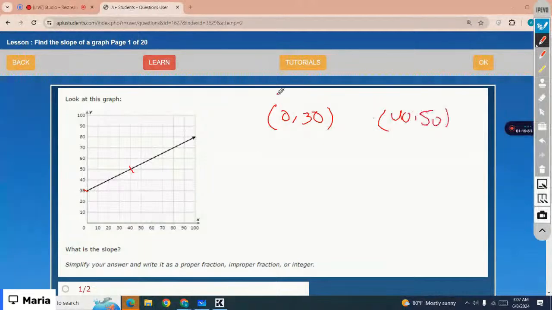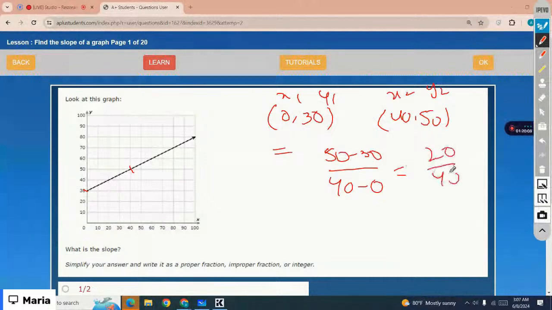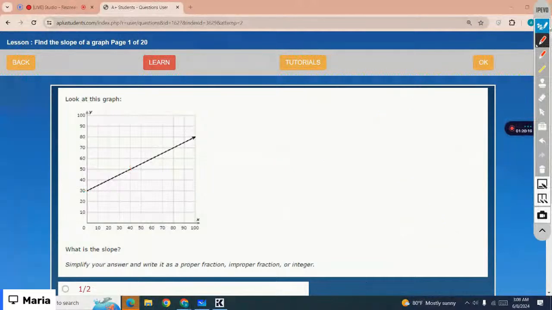So this is x1, y1, this is x2, y2. That is y2 minus y1, 50 minus 30 divided by 40 minus 0. 50 minus 30 is 20 and 20 divided by 40 is 1 by 2. The correct option is 1 by 2. Got it? Option number 1 is the correct option, that is 1 over 2.